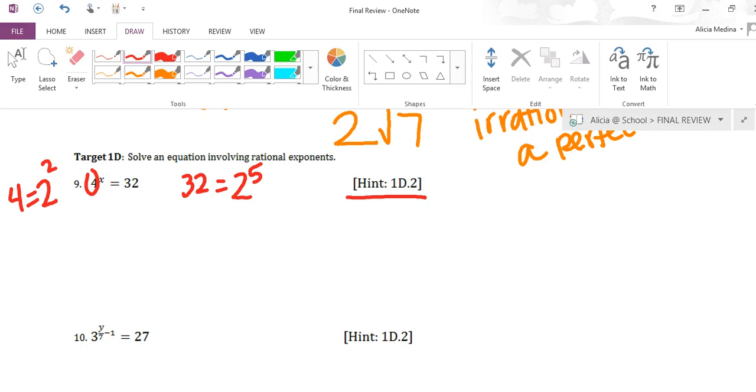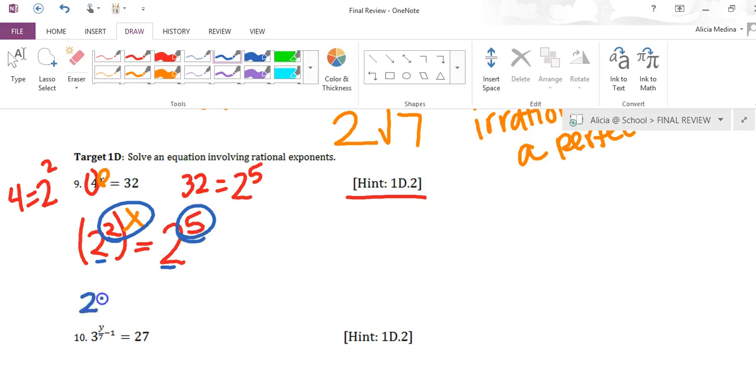Alright, so now I'm going to rewrite what I have. That 4 can be rewritten as 2 squared, but I can't change the exponent that was already there. That's still part of it. 32 can be rewritten as 2 to the 5th power. Now that I have like bases, I can go ahead and set my exponents equal to each other. So remember, when the power's on the outside, we multiply.